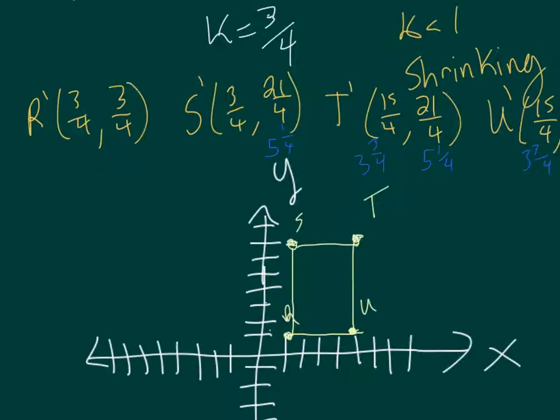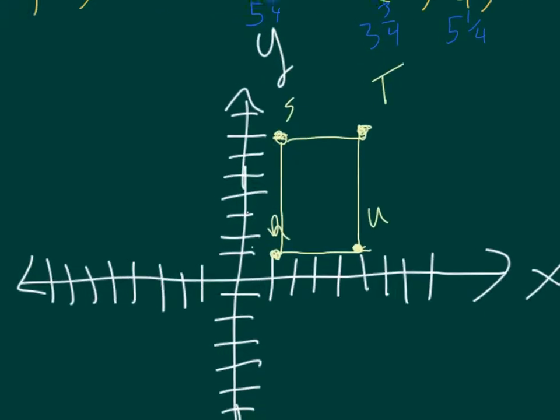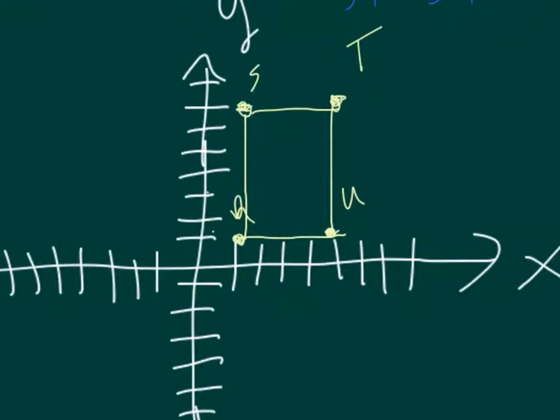Let's go ahead and plot it. R prime is 3/4, comma 3/4. So that's probably right about here. That's about 3/4, and then up to 3/4. That's going to be our new shape. Let's do it in this color. So R prime goes here.